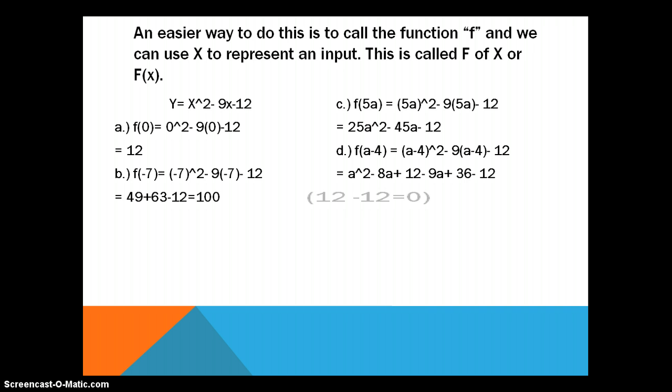Both 12's cancel out, which equals a to the second minus 17a plus 40.